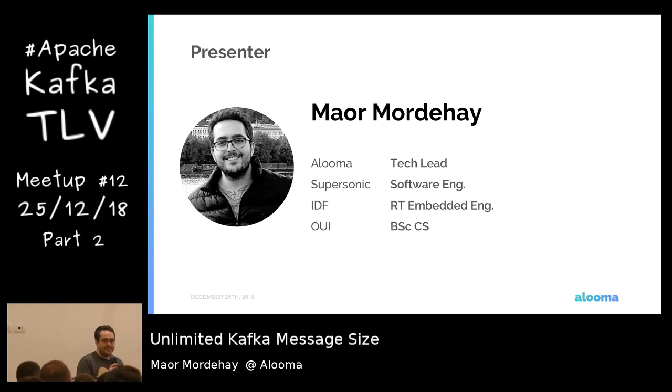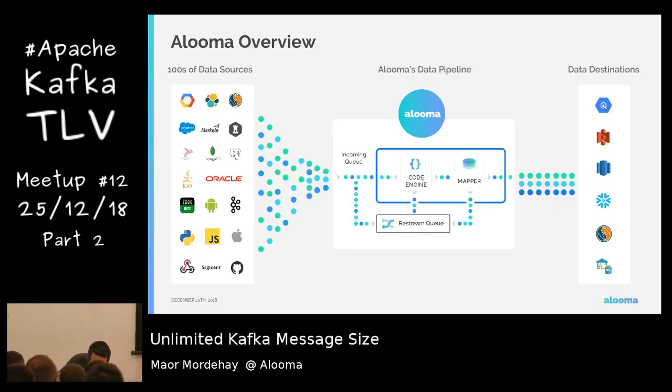So I'm a tech lead at Alooma, and we're going to talk today about how to handle large messages in Kafka. This talk is not about Alooma, but it's important to give some background on how we use Kafka. We have a streaming pipeline.